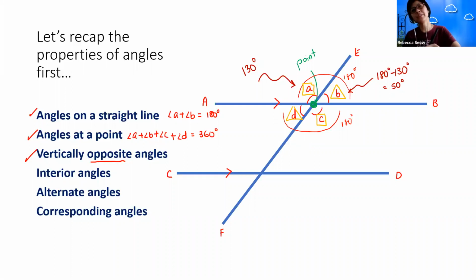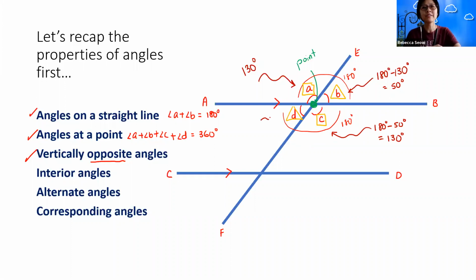Subsequently, if we were to consider line EF as a straight line, and we know that angle B is 50, we could possibly find angle C by again using angles on a straight line by taking 180 degrees minus 50 degrees, and that gives us 130 degrees.